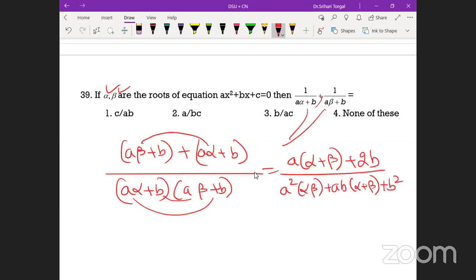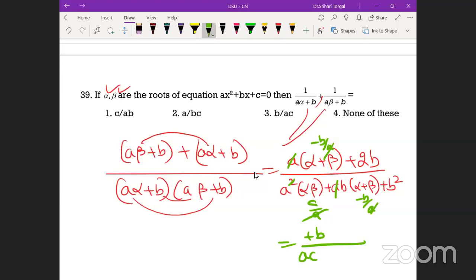Now write the sum of the roots. What is the sum of the roots in this case? Minus B by A. What is alpha beta? It is C by A. One A gets cancelled. What is minus B plus 2B? It is B divided by AC, correct? And what about here?